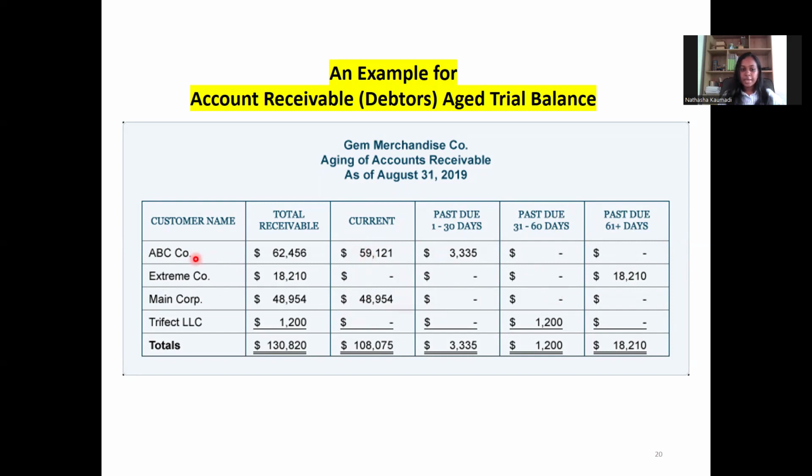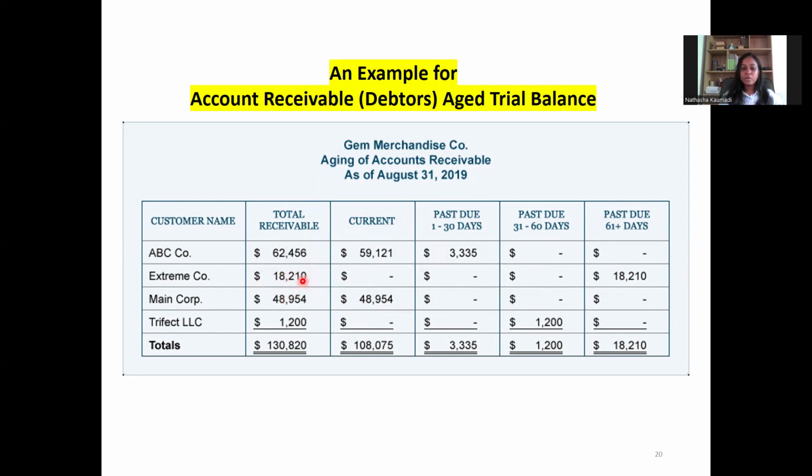Now here, ABC company's total value is 62,000, but 59,000 is within the credit period. Those balances are not overdue, in the current bucket. But 3,000 something is past due by 1 month, 1 to 30 days.